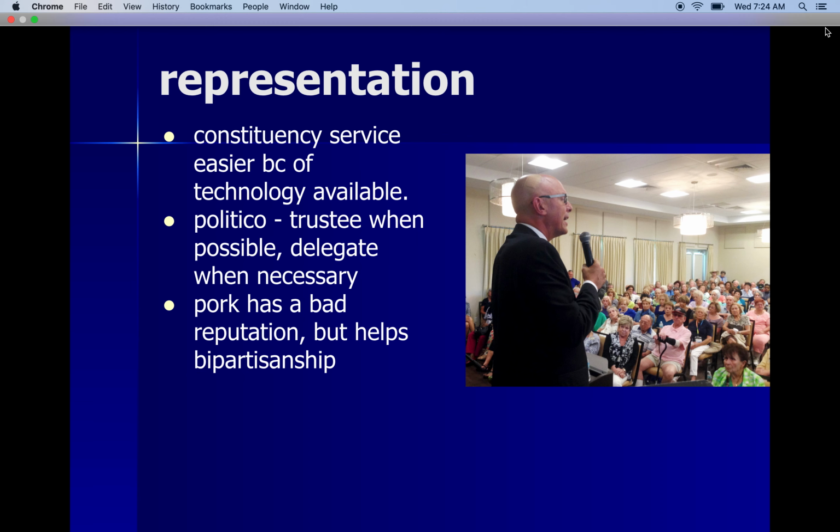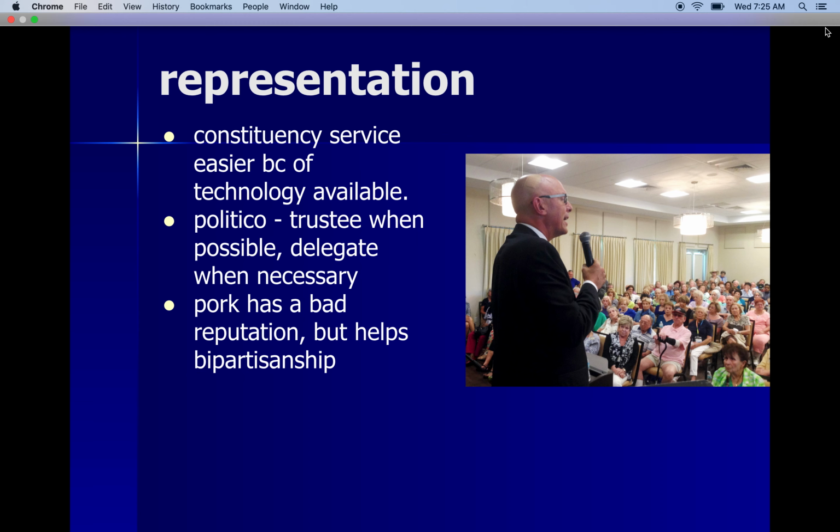All right, pork, and we're going to look at this more extensively next time, but pork is when a congressman gets projects built in his district or her district. It's called bringing home the bacon. So if you get a new wing to Advent Hospital built, if you get a new road or bridge built, Congress passes a bill and part of that bill says, we're going to do some big project in Gordon County.